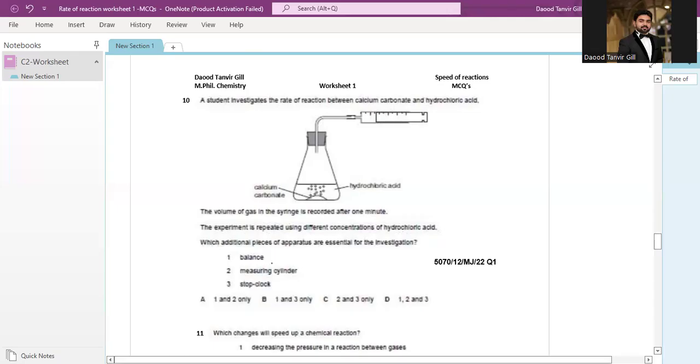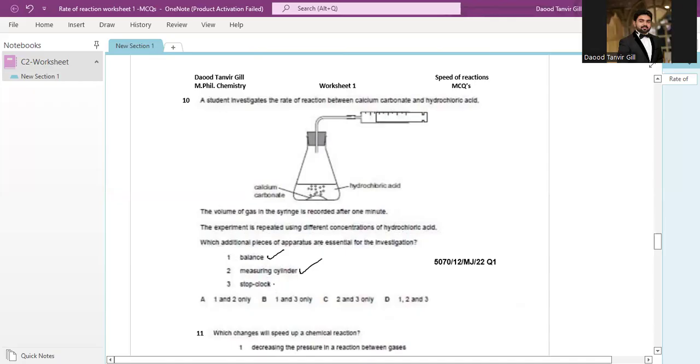Yes, we do need a balance and a measuring cylinder, so that we can accurately measure the volume of hydrochloric acid to pour into the reaction flask. And a stop clock, so that we can measure the volume of gas at different intervals of time so that we can plot a graph and check the rate of reaction.